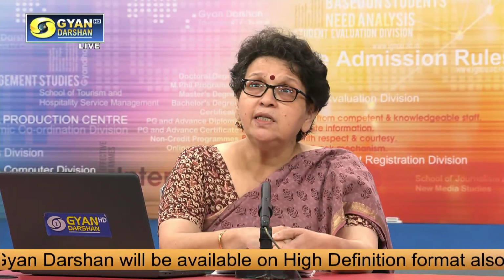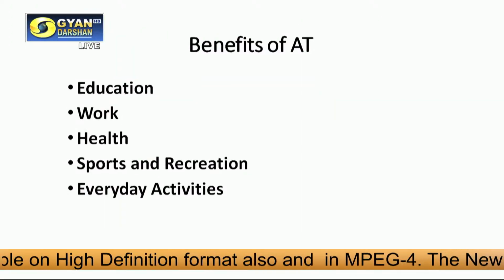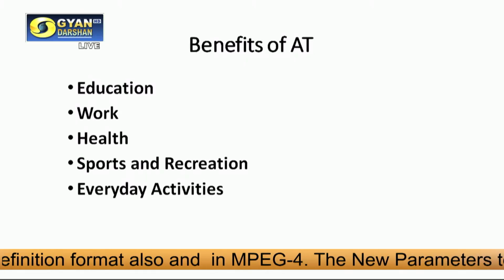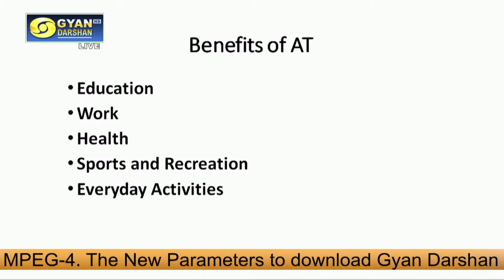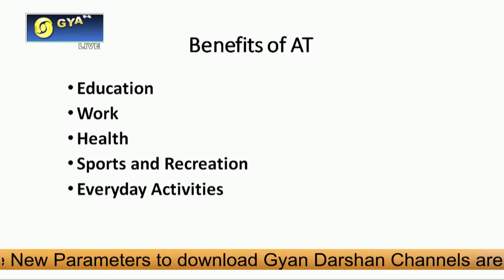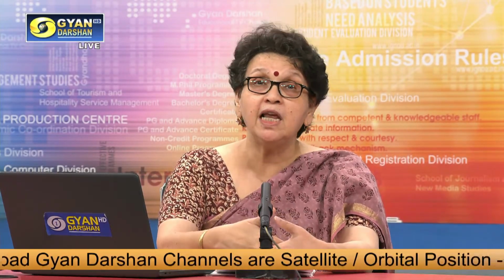Let's consider some of the benefits of AT. Now, AT has huge benefits in the field of education. If a child with disability right from the start has access to assistive technology, that child is likely to feel himself or herself better included.